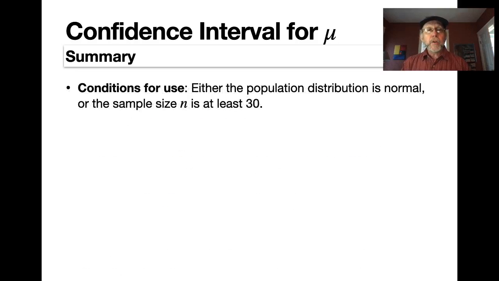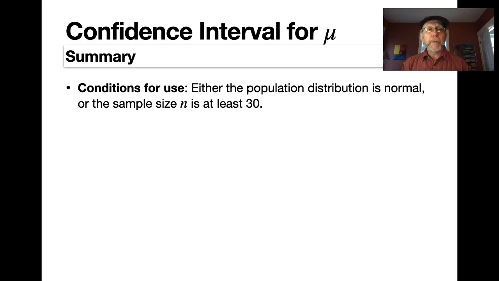This technique can be used essentially whenever we can use the normal approximation for the sampling distribution of x bar. And we know that we can use that normal approximation in two cases.